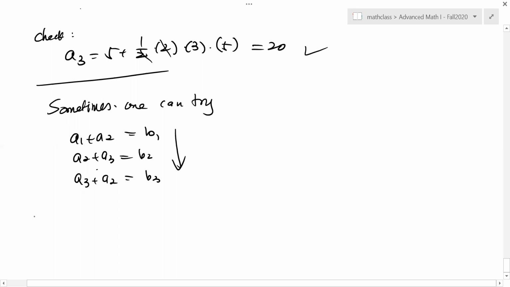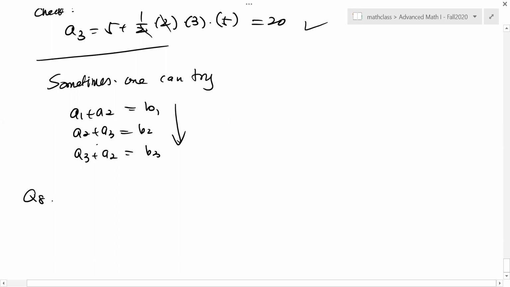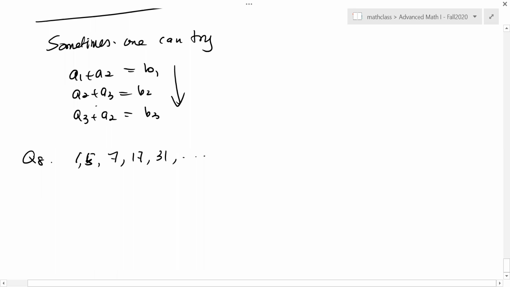Okay. So this is example 8. All right, let's take a look at the example. 1, 5, 7, 17, 31. I want to find the next term.